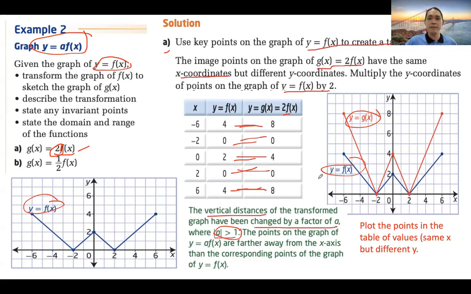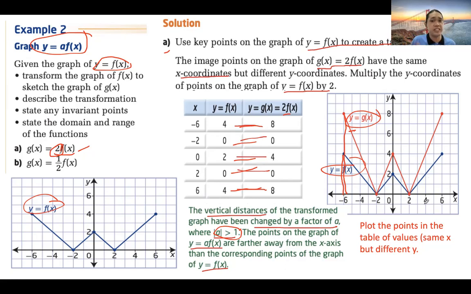So the points on the graph of y is equal to af of x are farther away. Try to compare the vertical stretch, not the horizontal. Compare their distance along the x-axis, right? The graph of g of x is farther away compared to the graph of y is equal to f of x.